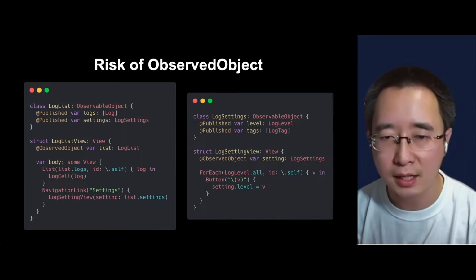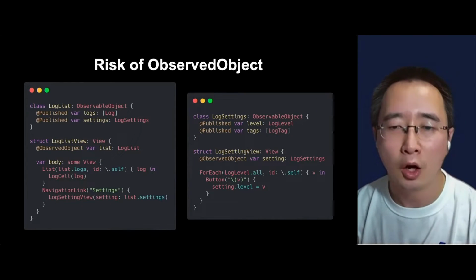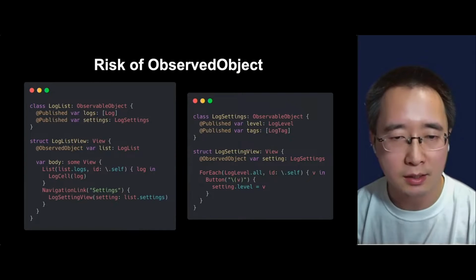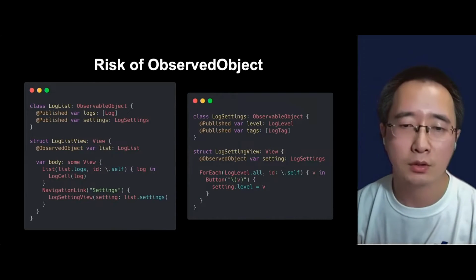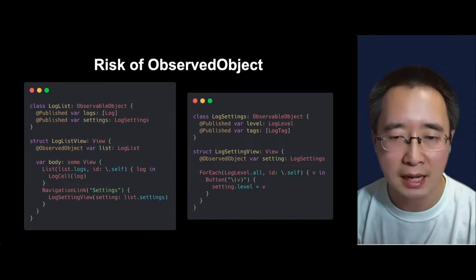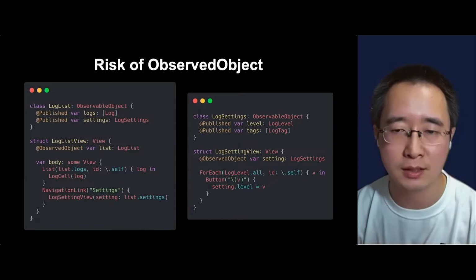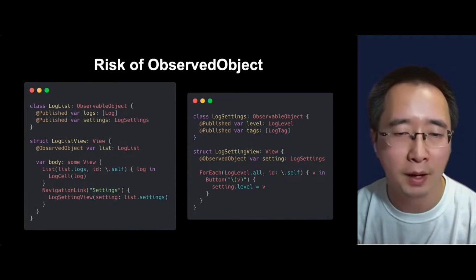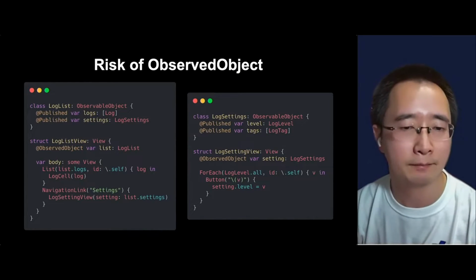In this case, we have a nested ObservedObject. The log list contains the log settings. The log list view only subscribes to the changes in its direct variables. But for the nested setting object, the changes there are not passed back to the parent one.